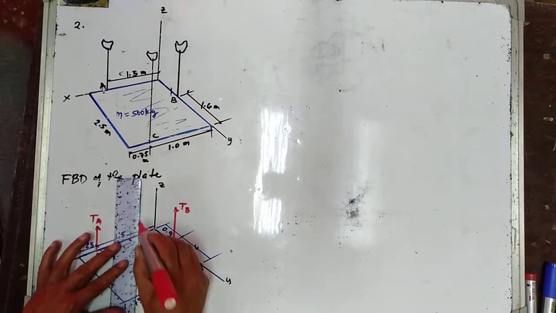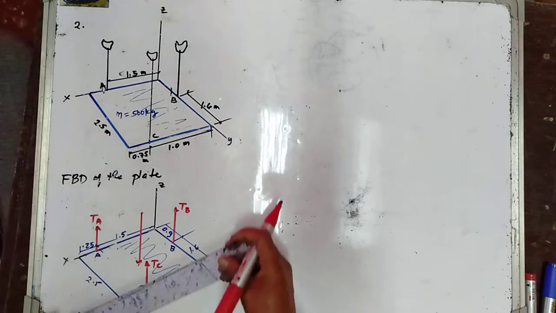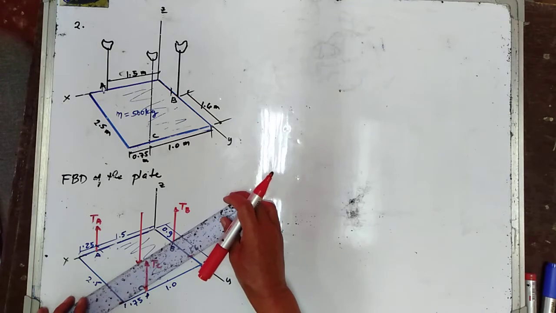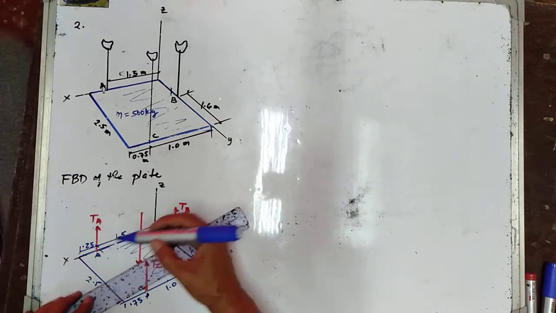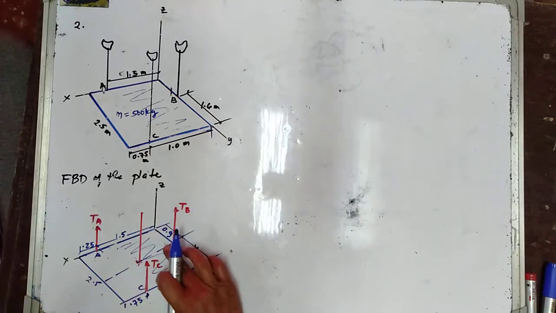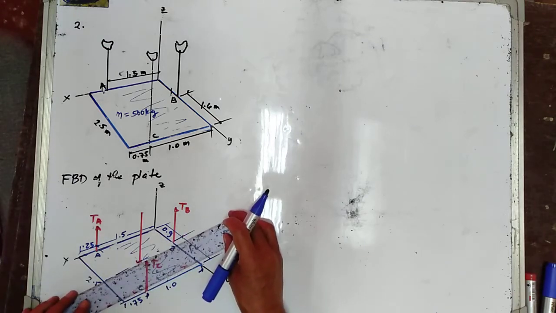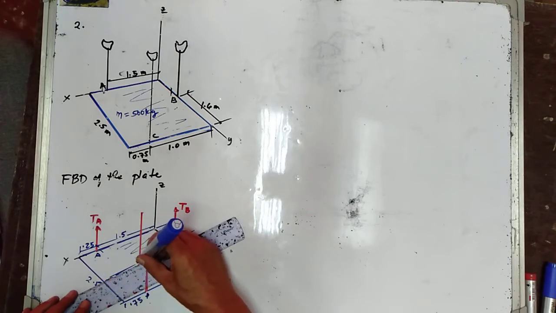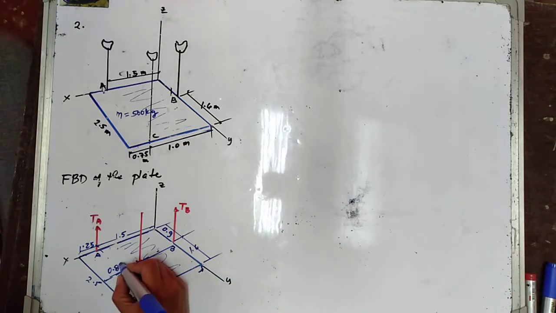So this is therefore your weight W. Take note in here that this one is 1.75 over 2, so that is 0.875.